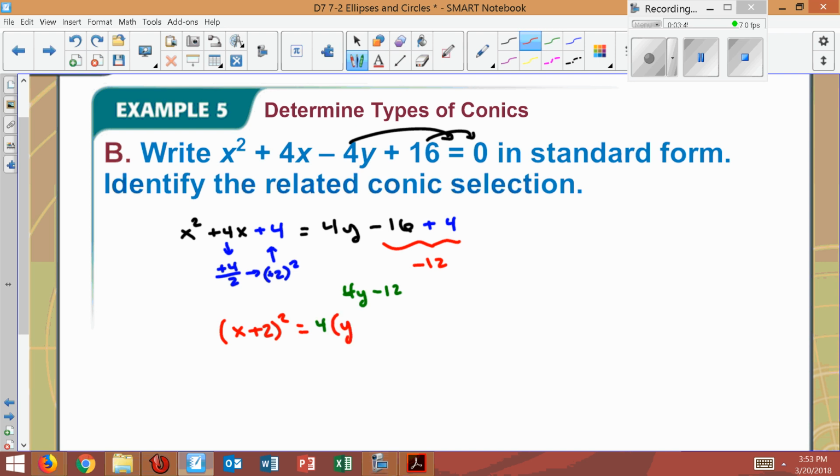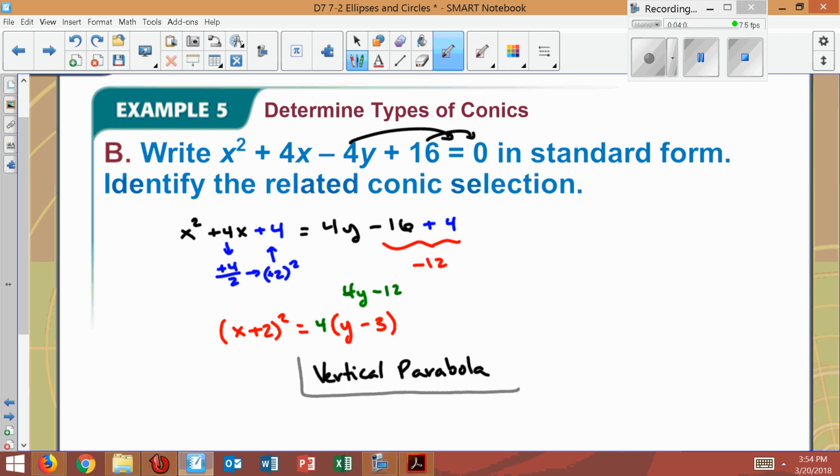I'm left with y minus 3. That's my equation there. This is the equation of a parabola. Not only that, the 4 is next to the y, so it's a vertical parabola. And that would be this type of graph.